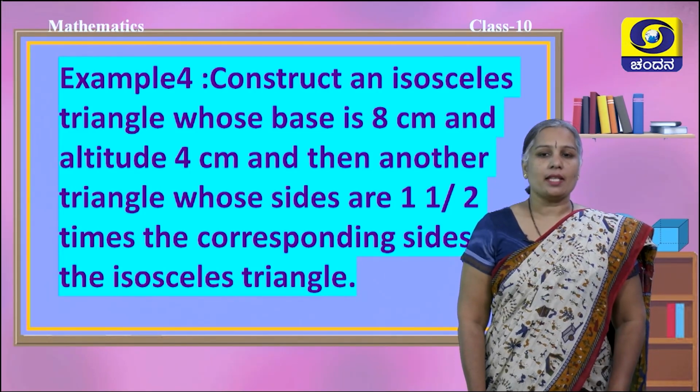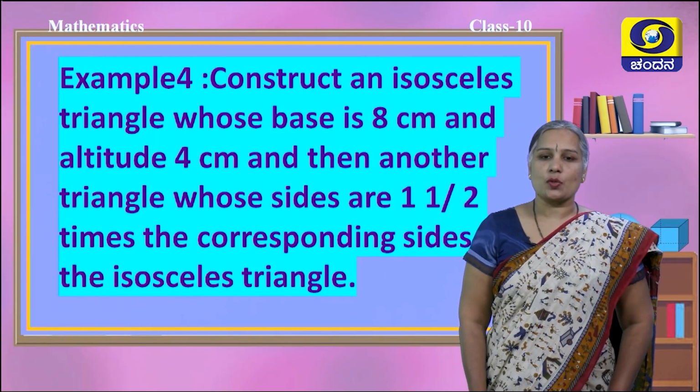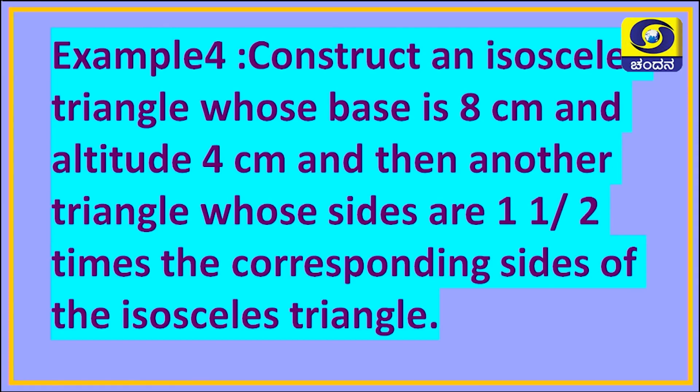Example goes like this. Construct an isosceles triangle. Children, isosceles triangle, you might be knowing that in a triangle, two sides will be equal. That triangle is called as isosceles triangle. Here we are taking an example of isosceles triangle. Construct an isosceles triangle whose base is 8 cm and altitude 4 cm.